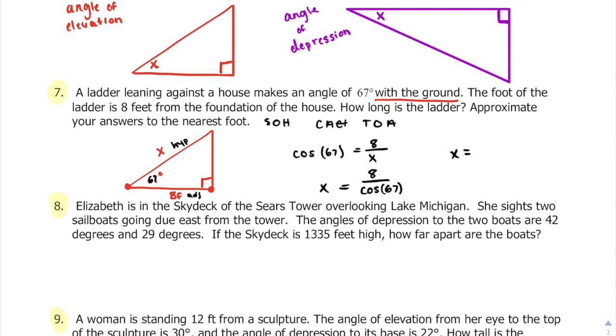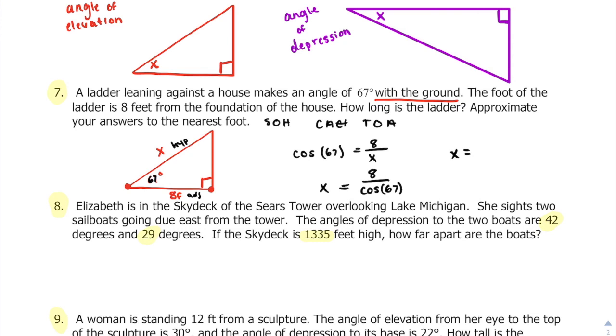The angles of depression to the 2 boats are 42 degrees and 29 degrees. If the sky deck is 1,335 feet high, how far apart are the boats?